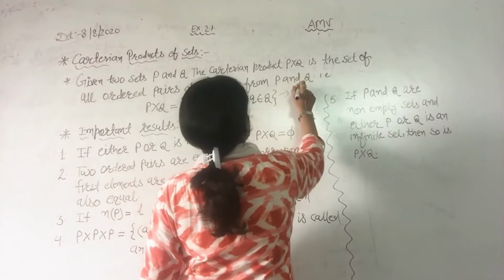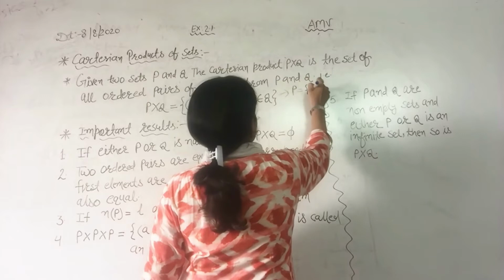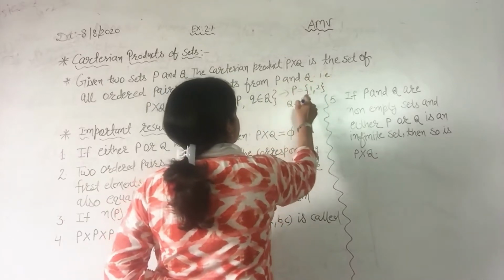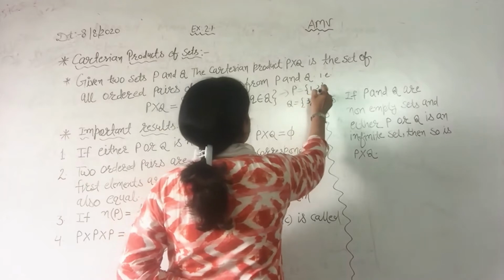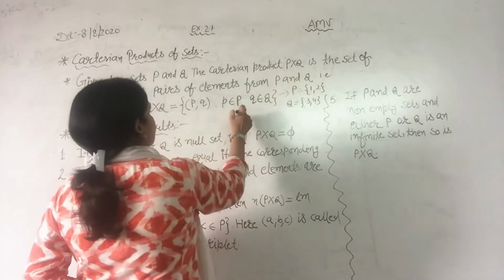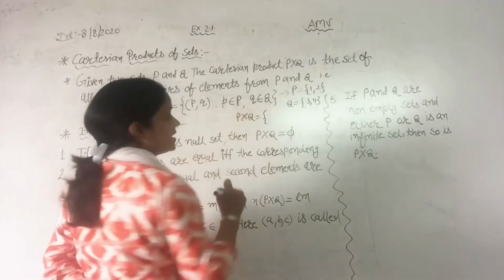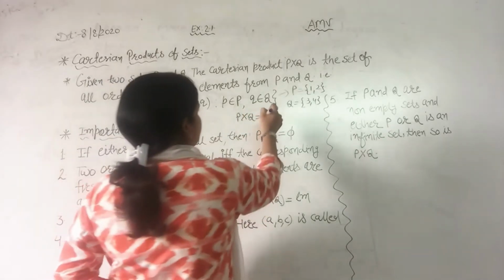Let P be the set {1, 2} and Q be another set {3, 4}. Then the Cartesian product P×Q is the set of ordered pairs.